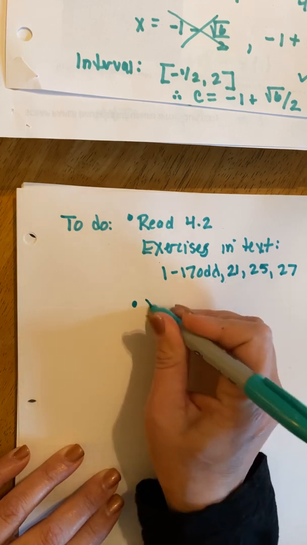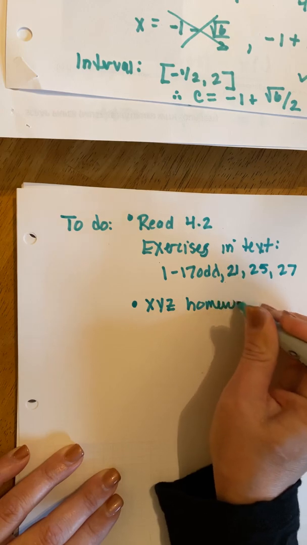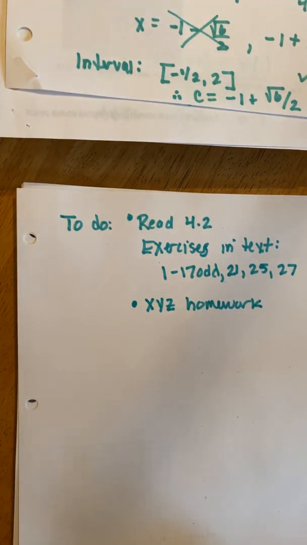And your X, Y, Z homework. I forgot the equivalent for 4.2, but I did send you that spreadsheet with that information, so you are welcome to look that up.